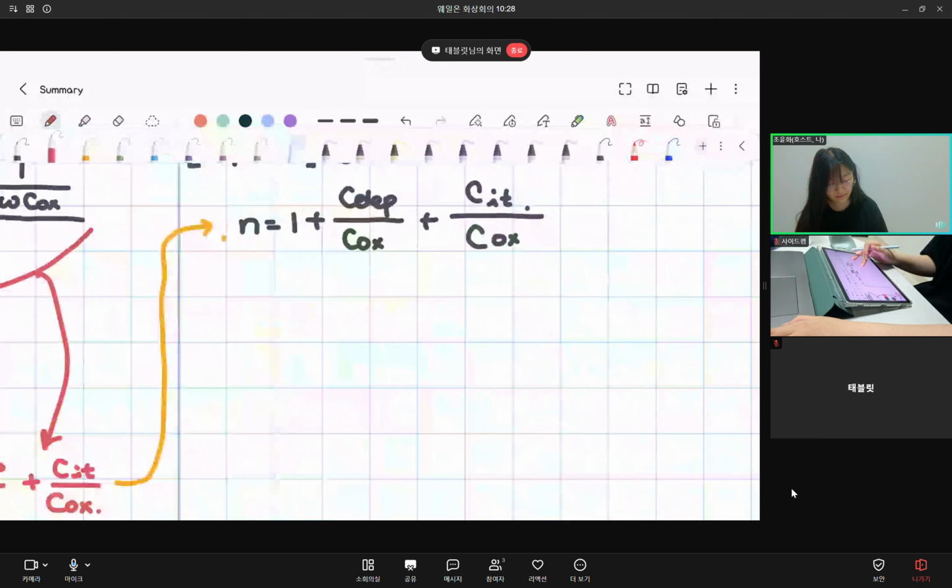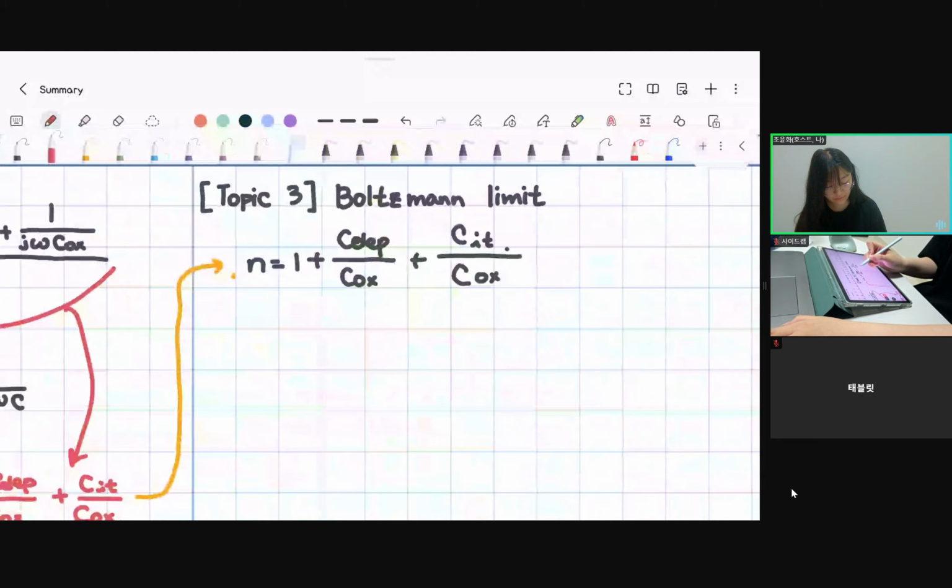in this case, the ideal state is when n equals 1, because it means that the oxide, the depletion width and the interface traps do not exist, so n equals 1 is the ideal state.